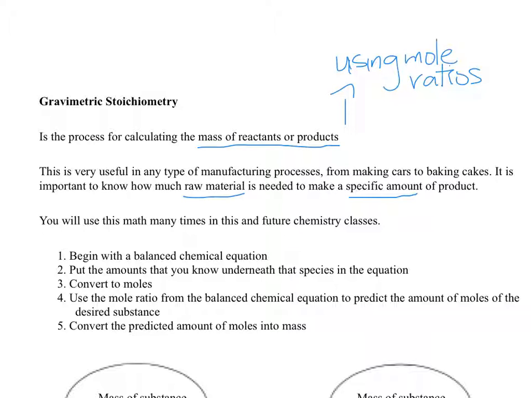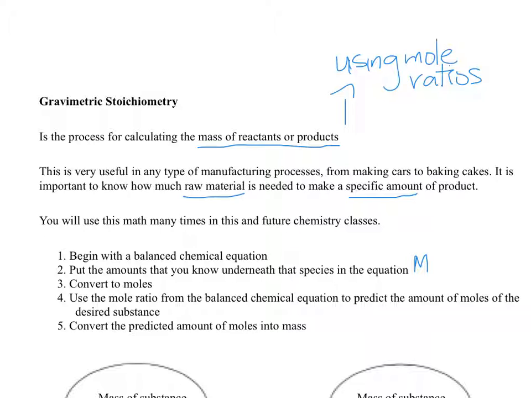So the first step is you must have a balanced chemical equation. So if you have a chemical equation for your reaction, double check, make sure it's balanced. Put in the amounts that you know underneath that species in the equation. That includes molar masses for your substances.